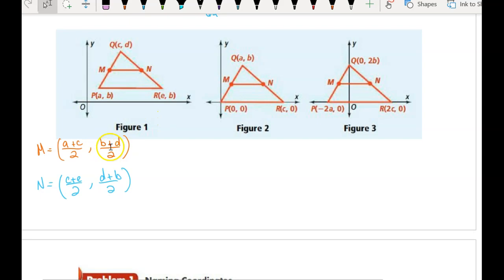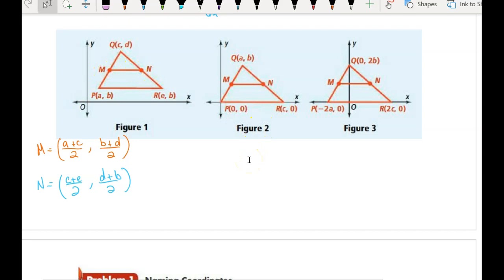Now I want you to notice that the y value for point M and point N are the same. So I could rewrite this one to B plus D, or I could rewrite this one to D plus B. So your y values are the same. So that tells you that this is a horizontal line.